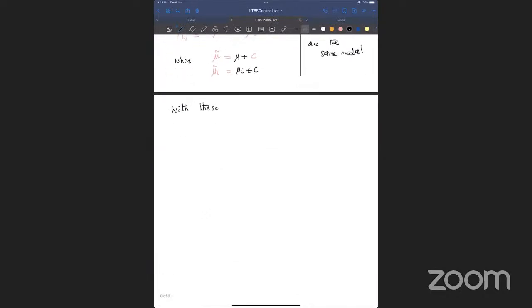With these new parameters, we have two models that are exactly the same.